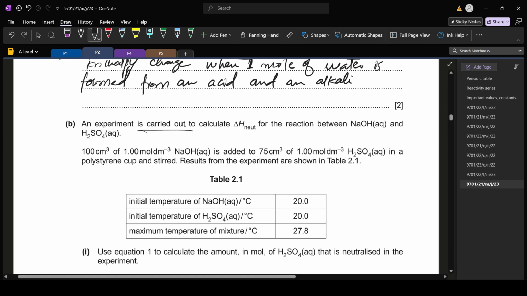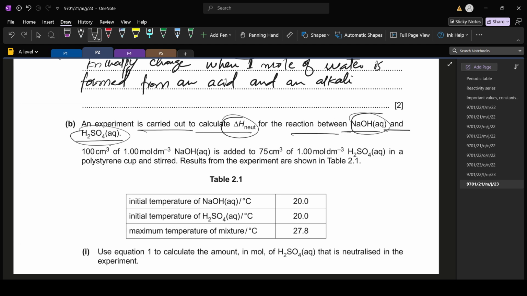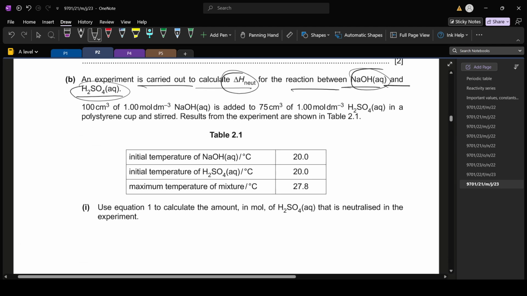Now, an experiment is carried out to calculate the enthalpy change of neutralization for the reaction between sodium hydroxide and sulfuric acid. So 100 cm cube of 1 mole per dm cube of sodium hydroxide is added to 75 cm cube of 1 mole per dm cube of sulfuric acid in a polystyrene cup and stirred. The results from the experiment are shown in table 2.1.